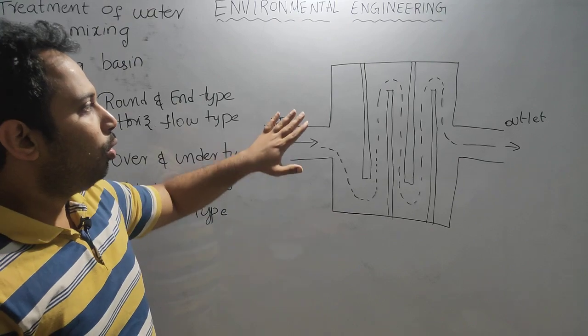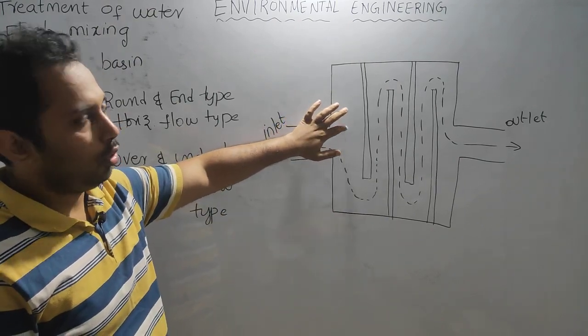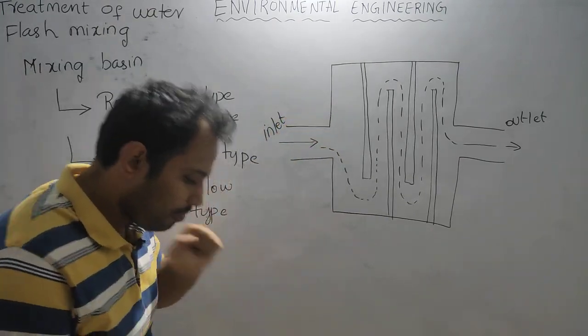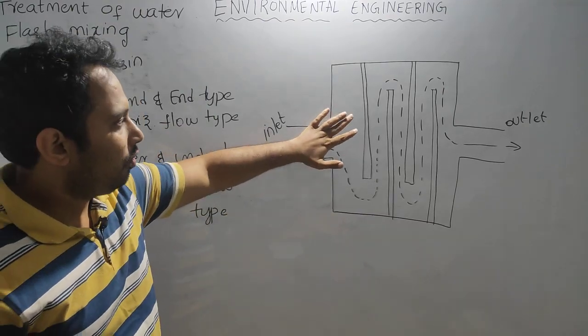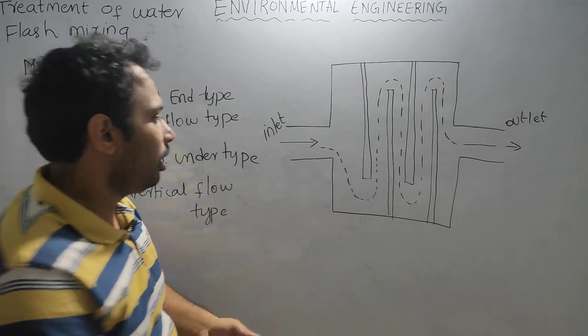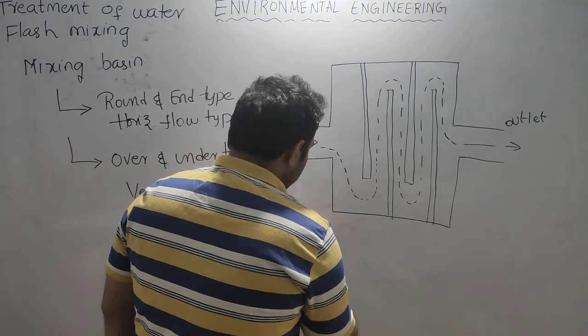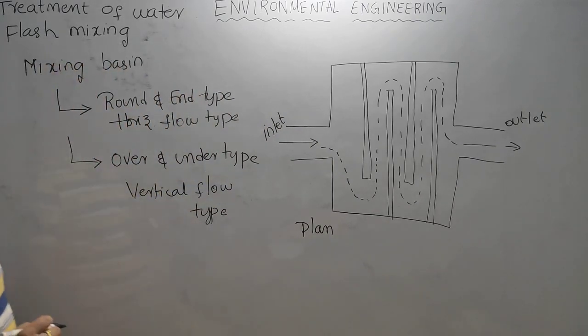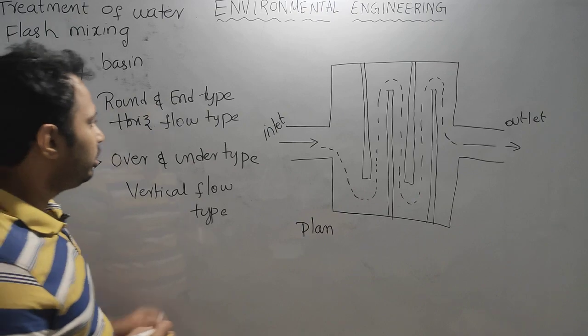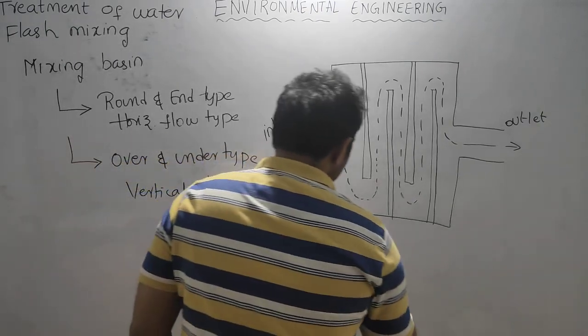If you look at this from the top, as a plan, then the plan indicates the horizontal flow type.